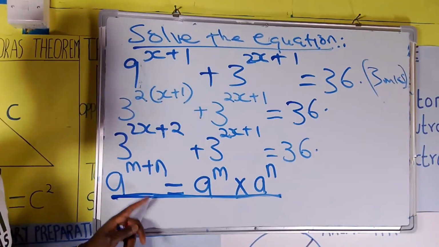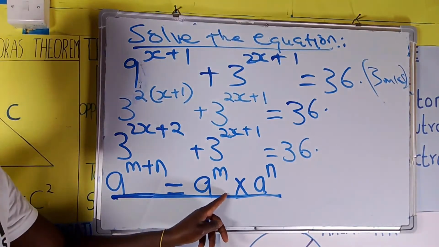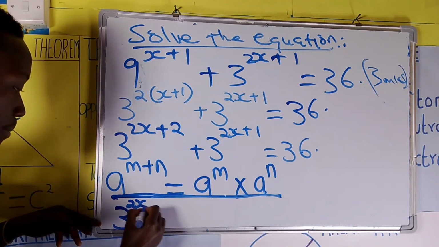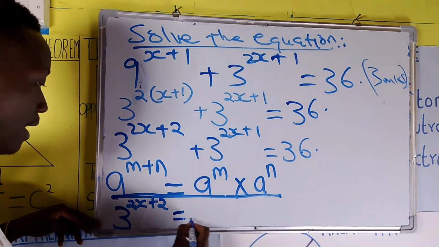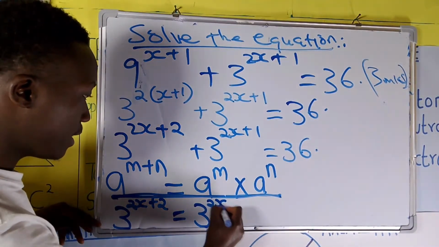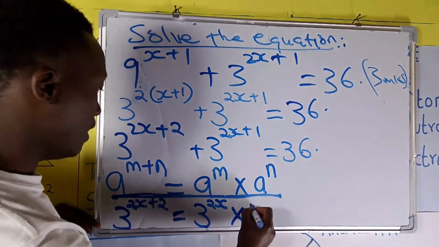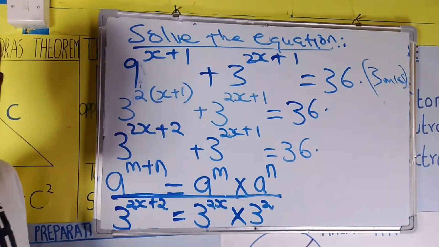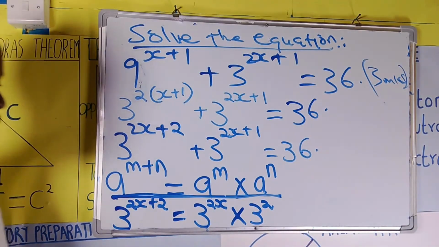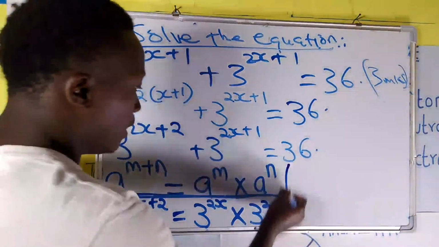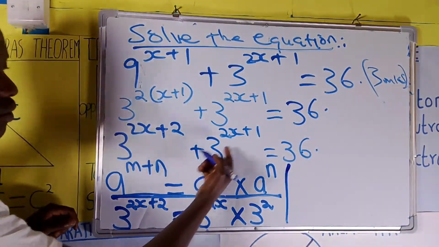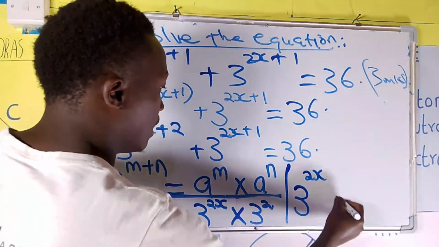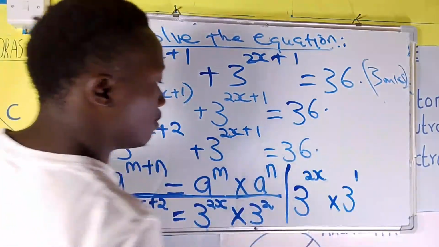So tutatumia hii kuandika hizi from this way to this way, kumaanisha 3 to power 2x plus 2 ni the same na 3 to power 2x times 3 to power 2. So tukizilewrite hivyo, nayo ya pili itakuwa hii, nayo pia tuiandike hivyo. So hii direct pia itakuwa 3 to power 2x times 3 to power 1.